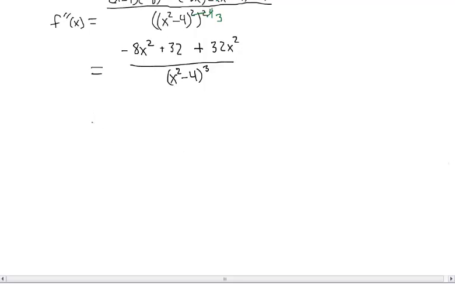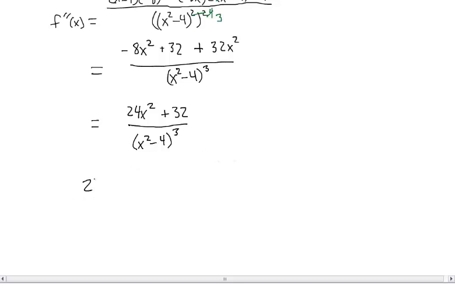So now we're going to combine our x² terms, and we have 24x² + 32 divided by (x² − 4) to the 3rd. So now we can do the second derivative test. So the first thing we're going to do is set it equal to 0.